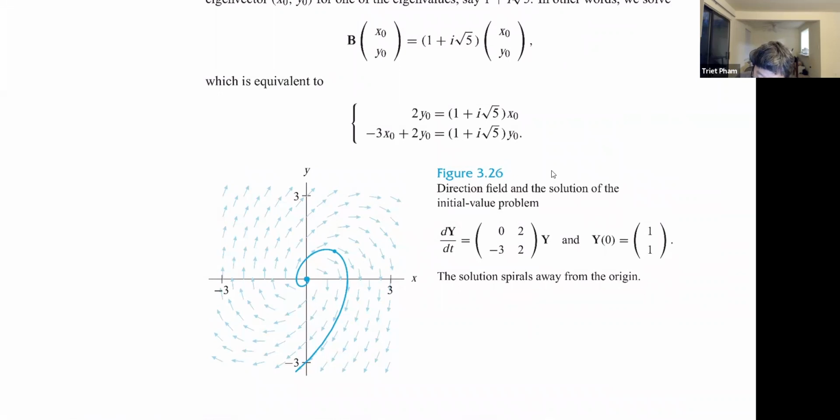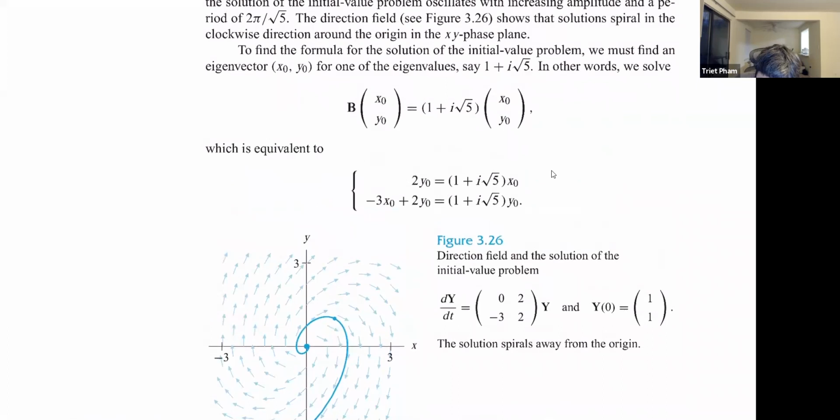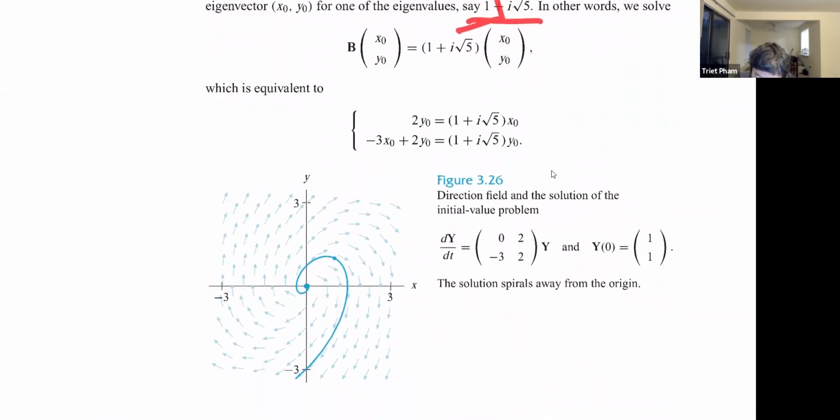Why? Because here's the eigenvalue, the real part is positive, so it's a spiral source. And you see, the direction of rotation can be inferred from the direction field.